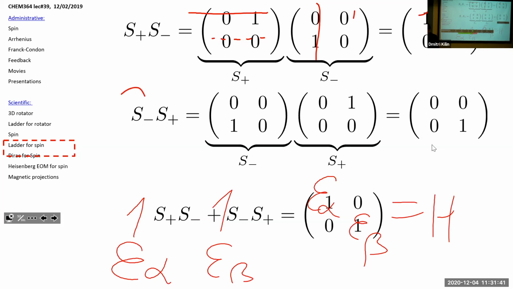If we swap the order of these two, then we have another row and another column that gives 1. So by multiplying these flipping operators, raising and lowering operators, by each other, we are setting up a diagonal thing, a diagonal projection.